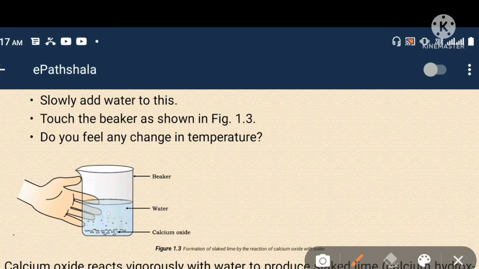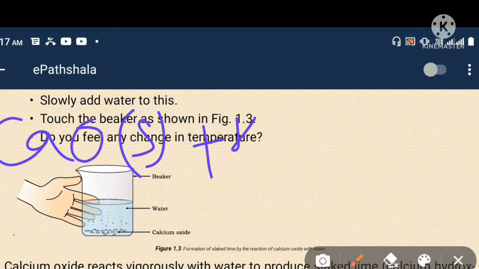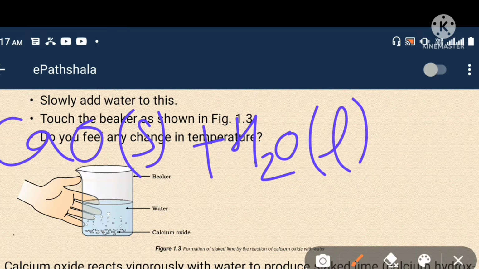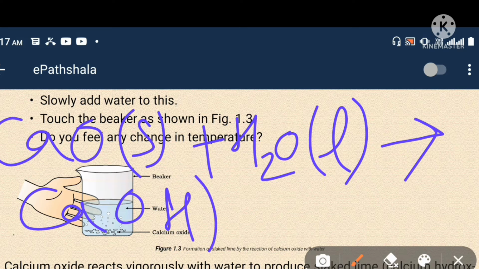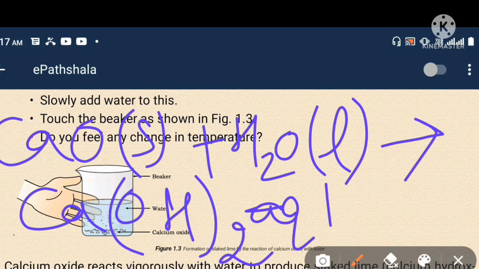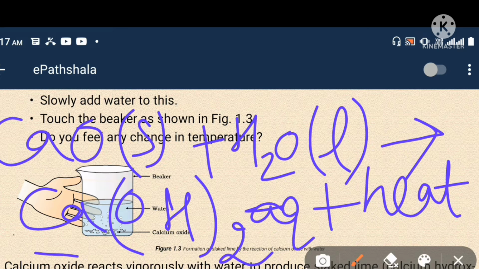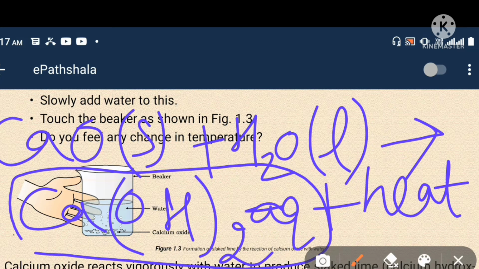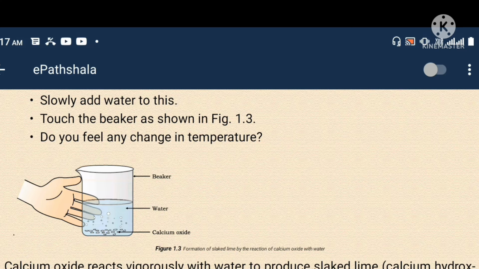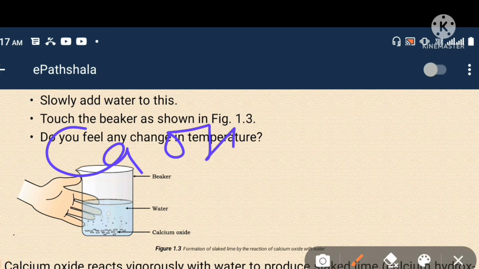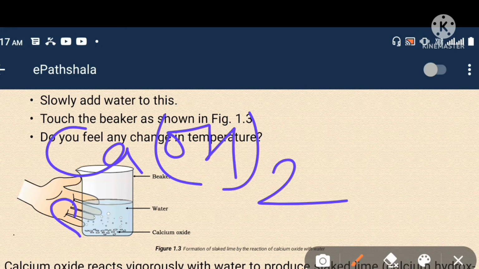Calcium oxide, a solid, reacts with water, a liquid, and forms calcium hydroxide, Ca(OH)2, in aqueous form, plus heat. Ca(OH)2, calcium hydroxide, is also called slaked lime.